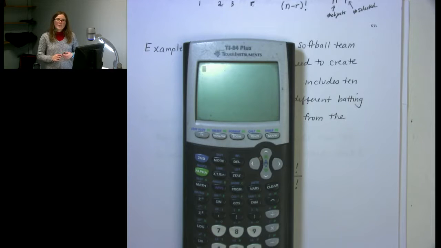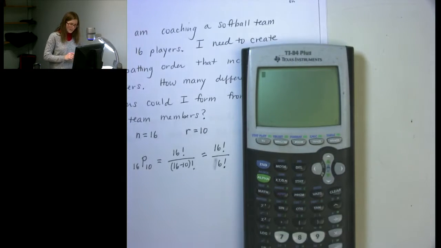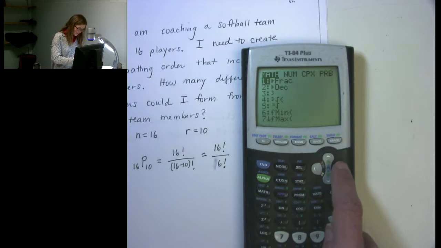So when it comes to actually calculating this on the calculator, I'm going to use a TI-84 to just show you how you can do this. There are a couple of different things you could do. First of all, I've got 16 factorial divided by 6 factorial, so I could go to the math button.